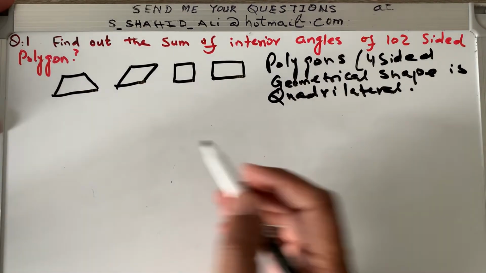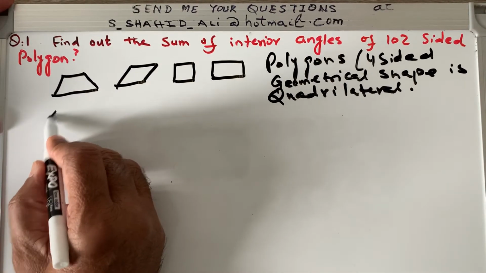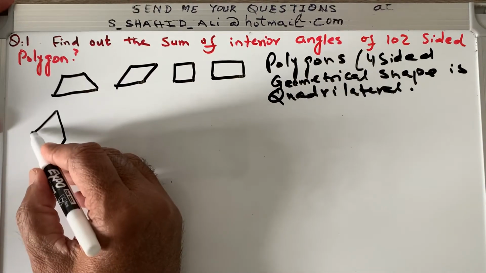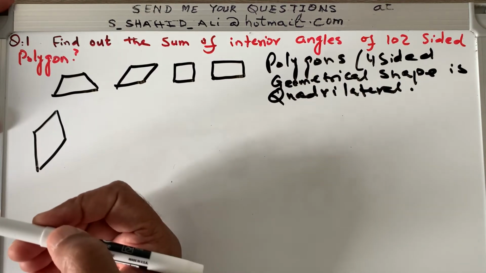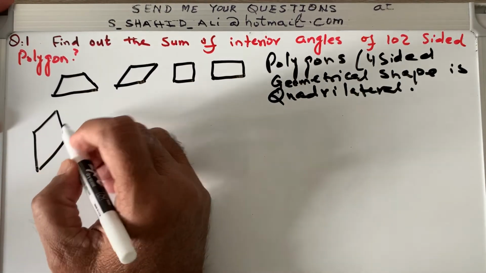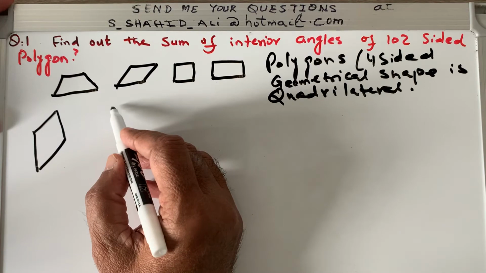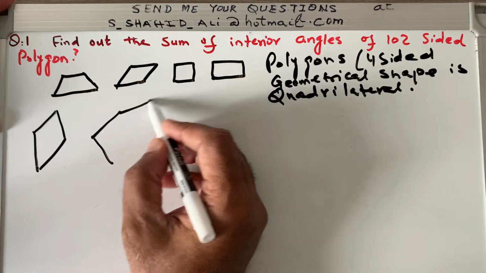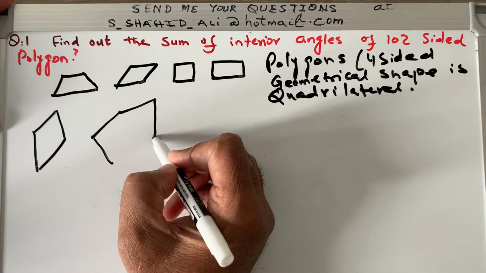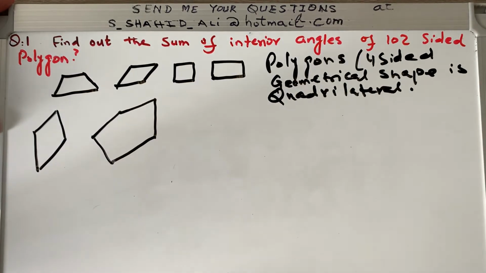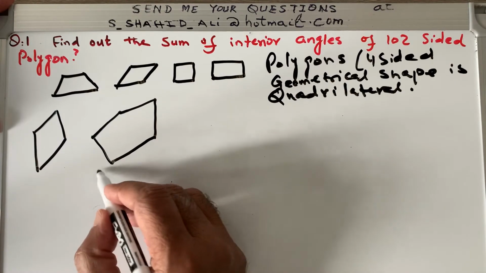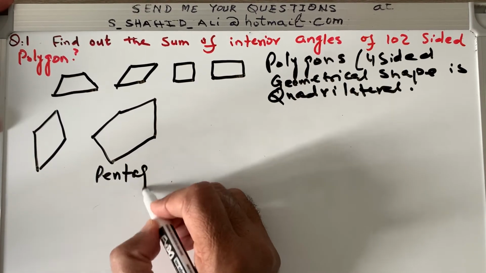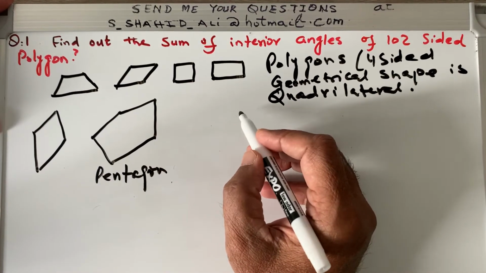For example, we have a pentagon. This is a rhombus, a four-sided figure. How many angles can we form? Or we can have a pentagon: one side, two sides, three sides, four sides, and five sides. This is a five-sided figure. A five-sided figure is a pentagon. A six-sided figure is a hexagon, right?